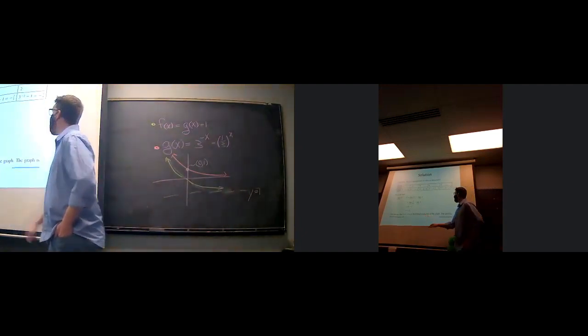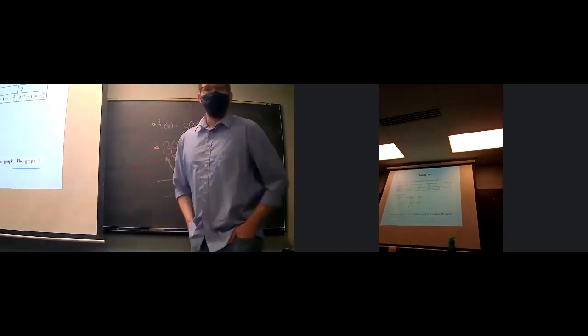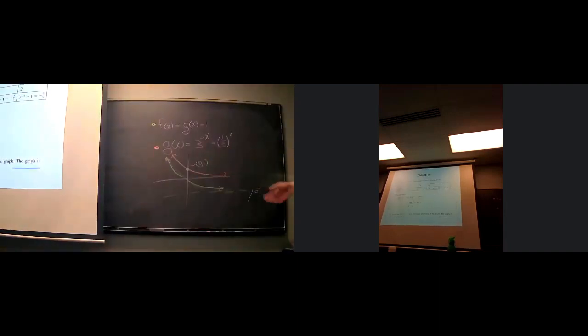Then they said, we have a horizontal asymptote at -1. This thing's decaying. We know that at 0, this thing has to be 0 now. Now we can go ahead and graph it. And I did not copy that graph over, but the graph would be more or less the same. Having said that, concept check on slide 33.